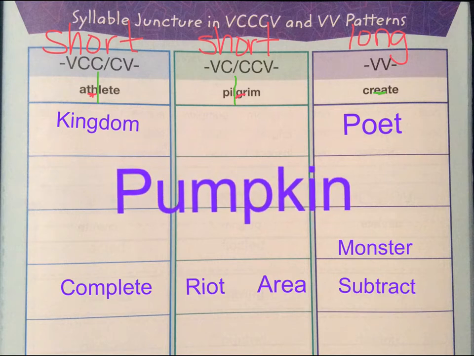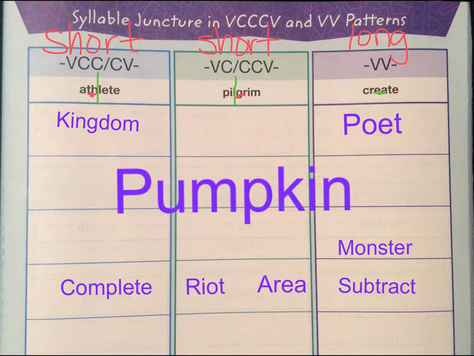All right, let's look at our next word, pumpkin. So find the word pumpkin in your words. So let's think about how the syllables of pumpkin are separated. Pumpkin is separated right here between the P and the K. And so the MP is another blend sound.